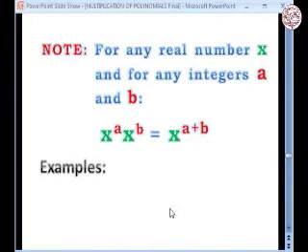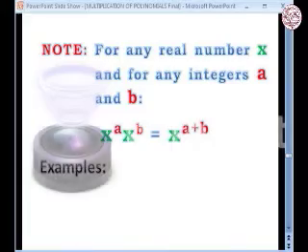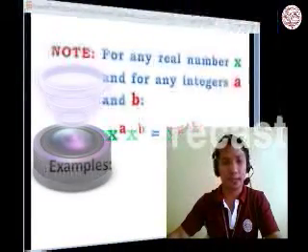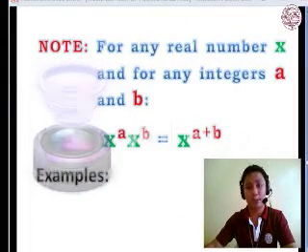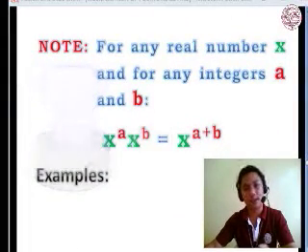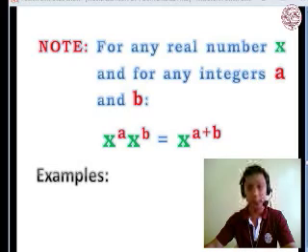I'd like to repeat, just copy the base and add the exponents. How about if you have coefficients? When you have coefficients, just multiply the coefficients, still copy the base, and add the exponents. I'd like to repeat, multiply the coefficients, copy the base, and add the exponents.